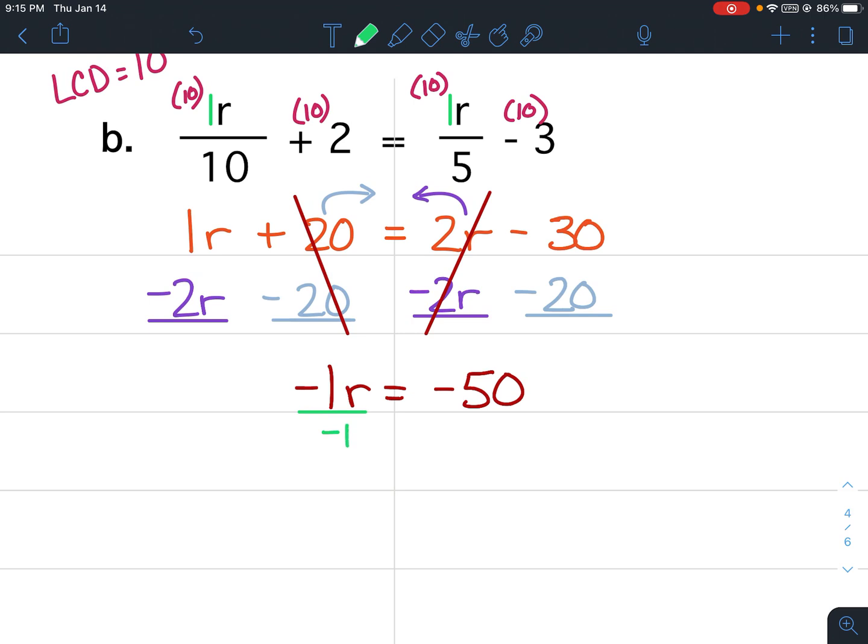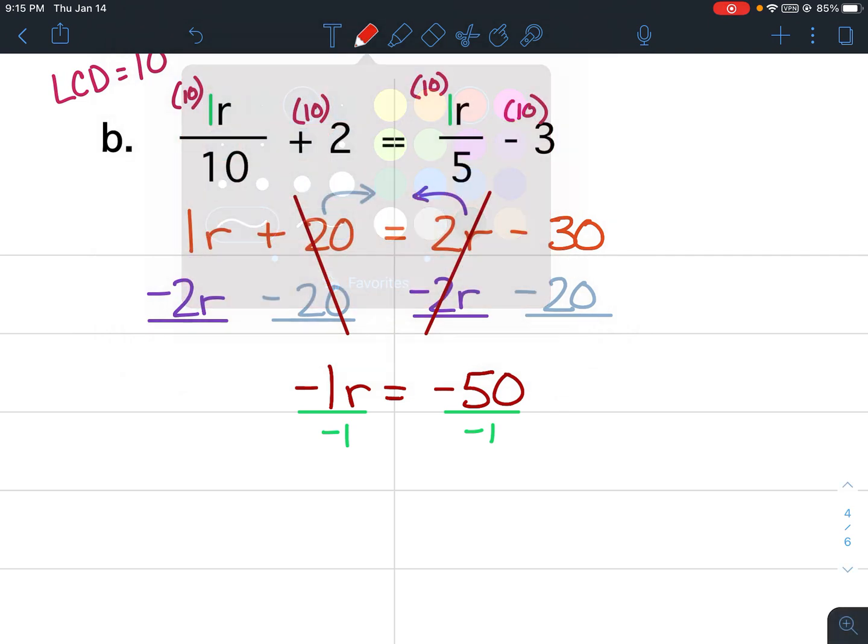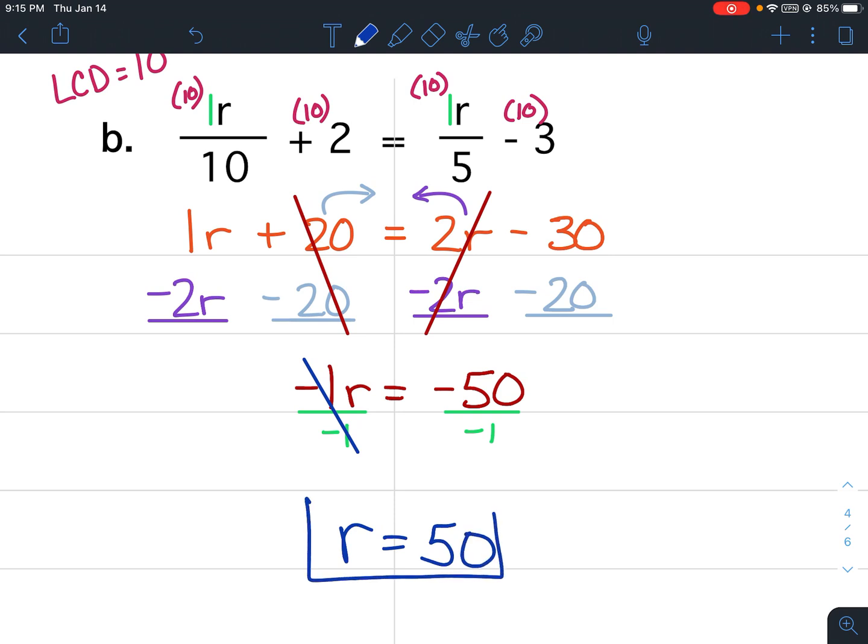So I'm going to divide both sides by -1. Cancel my -1s, and I get R equals 50. -50 divided by -1 is positive 50.